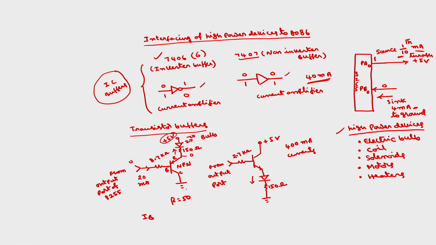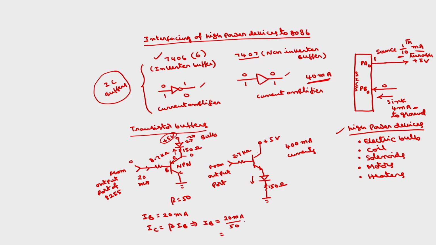If I take this base current as 20 milliamps, we know that collector current IC is equal to beta times IB. So IB will be IC by beta, which is 20 milliamps by 50, which comes around 0.4 milliamps.